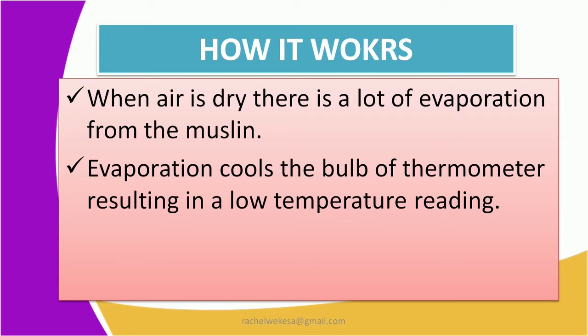The evaporation will cool the bulb of the thermometer, and this will result in a low temperature reading. As this water content evaporates, it cools the temperature of the bulb.